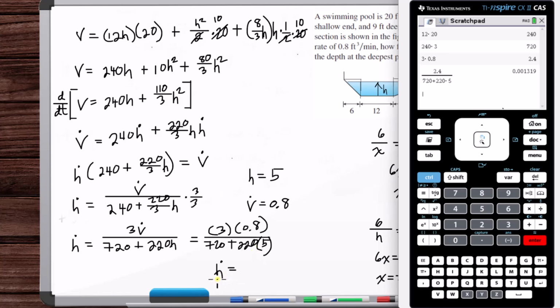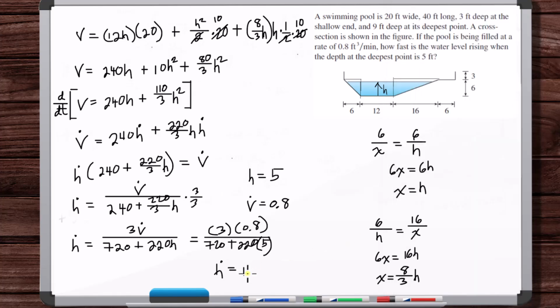We kept our units consistent, so this is going to be in feet per minute. That is 1.32 times 10 to the minus 3 feet per minute.